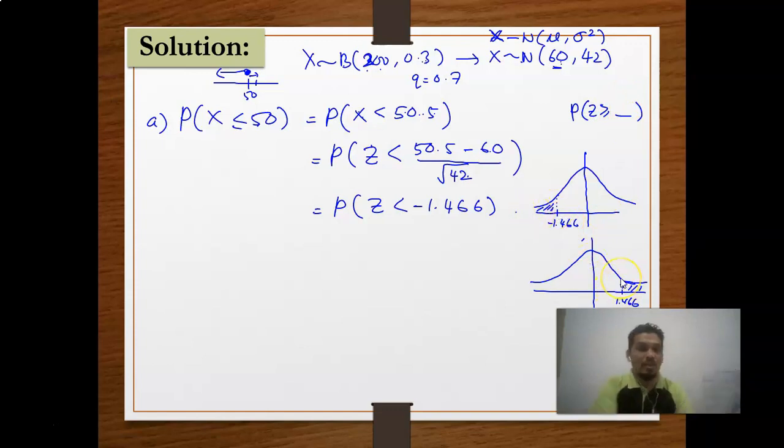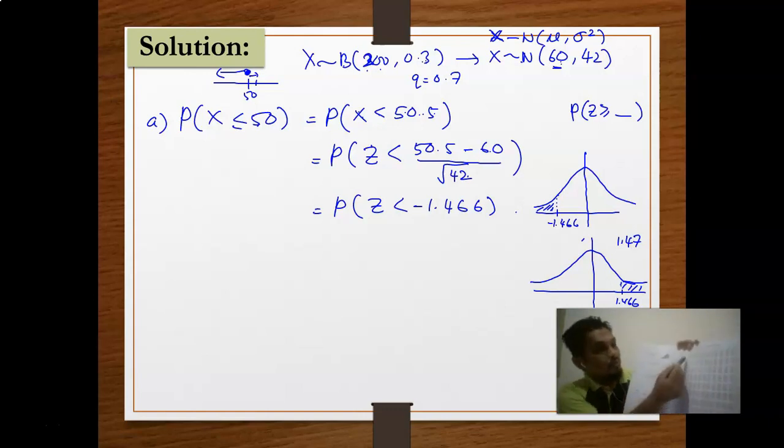So for this one, in the table of standard normal distribution, this book only gives readings to 2 decimal places, so this is 1.47. Let's find out now.